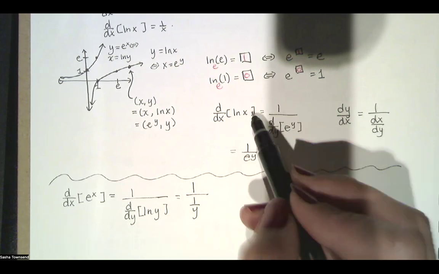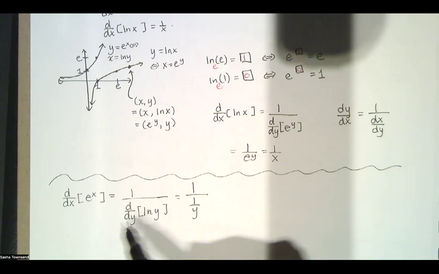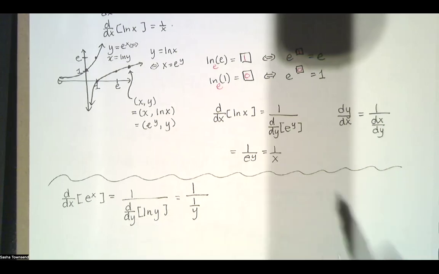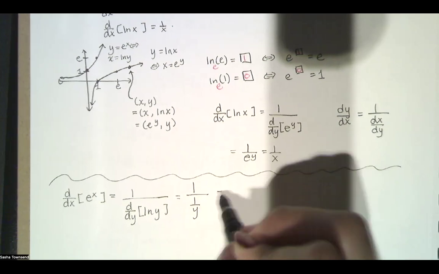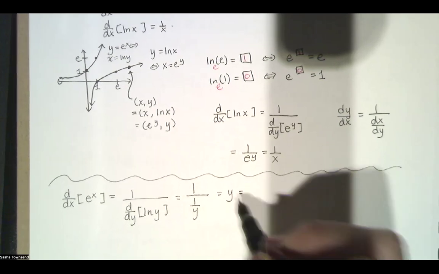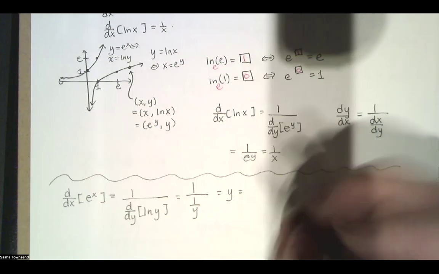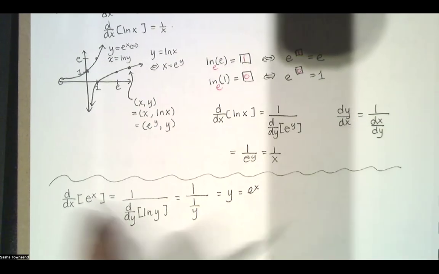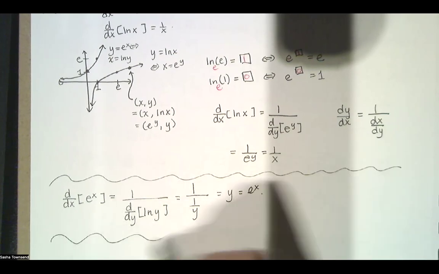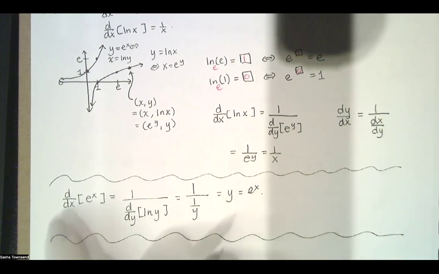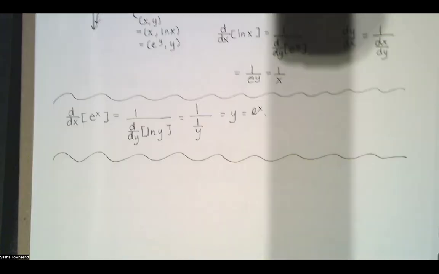We know that the derivative of natural log of x with respect to x is 1 over x, so the derivative of natural log of y with respect to y is 1 over y. 1 divided by 1 over y is just y. And you say, well, what is y in terms of x? Well, it was e to the x. So the derivative of e to the x is e to the x. So that's another way of computing that derivative.